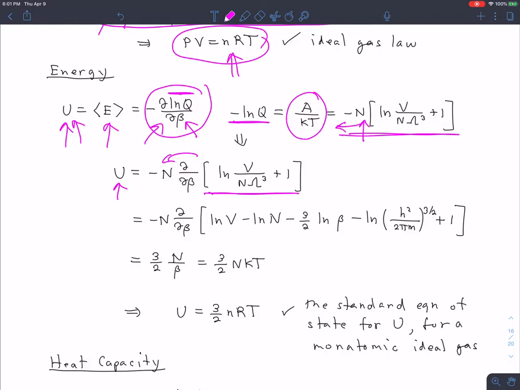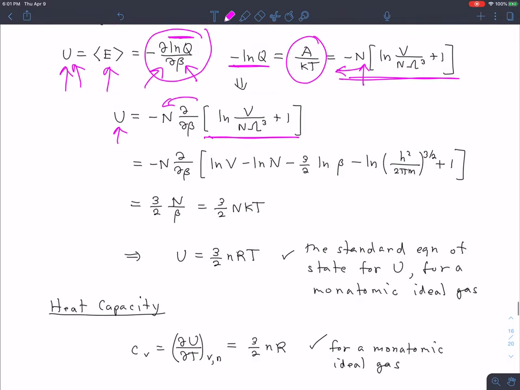We need to take that derivative. I've expanded it all out here. You can look at the algebra yourself at your leisure. When you take the derivative, notice that this doesn't depend on beta, that doesn't depend on beta, that doesn't depend on beta. The only thing that depends on beta is right there, so it's a pretty easy derivative in the end.